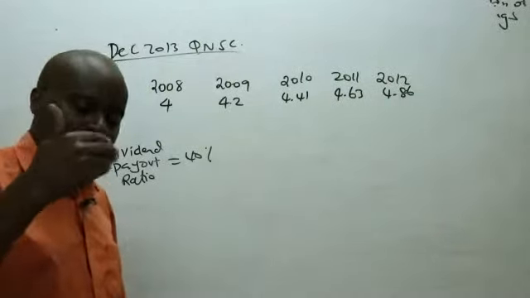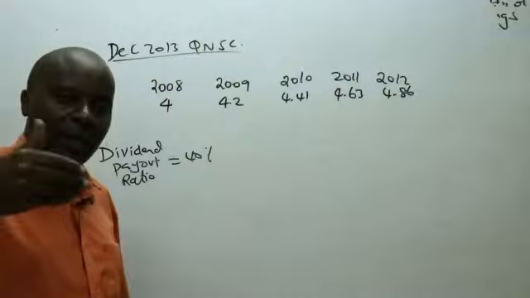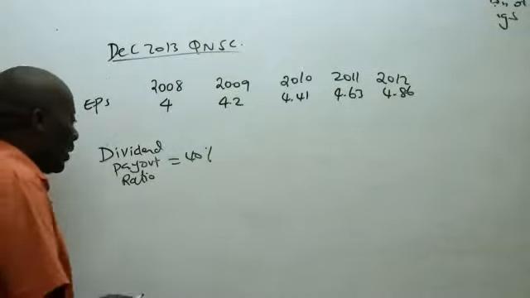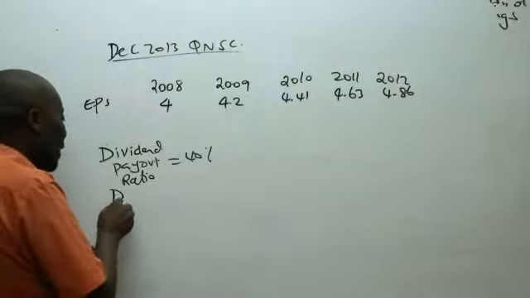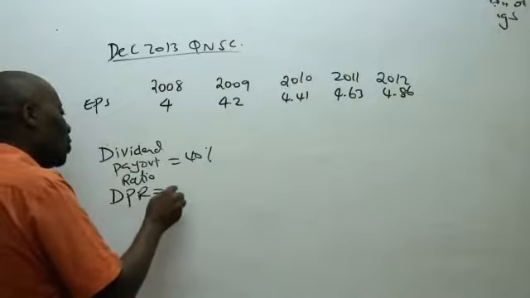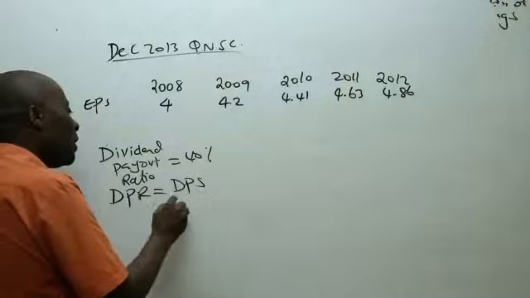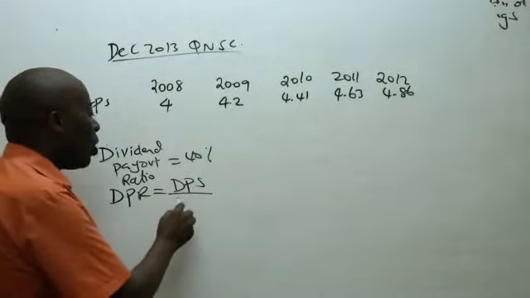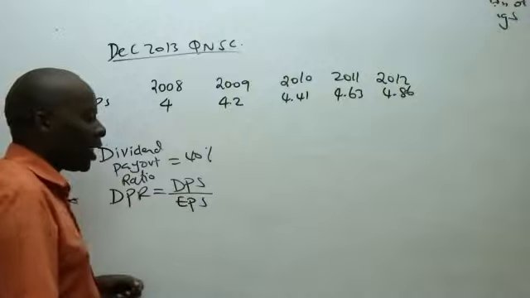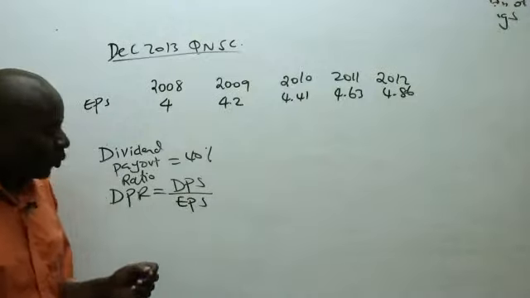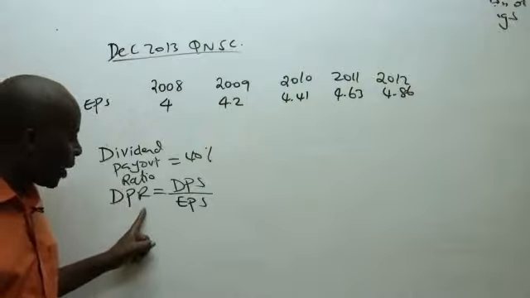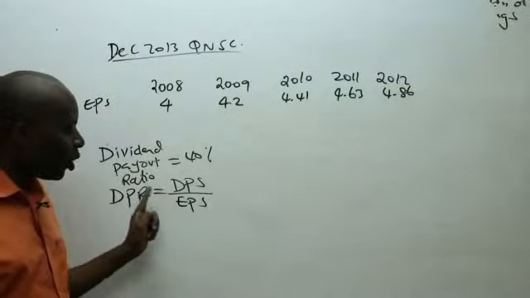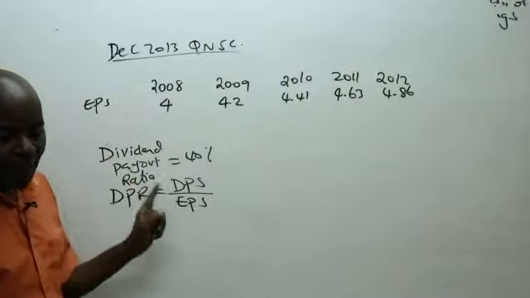Dividends are normally paid out of our earnings. So the dividend payout ratio is always DPS, dividends per share, all over earnings per share.